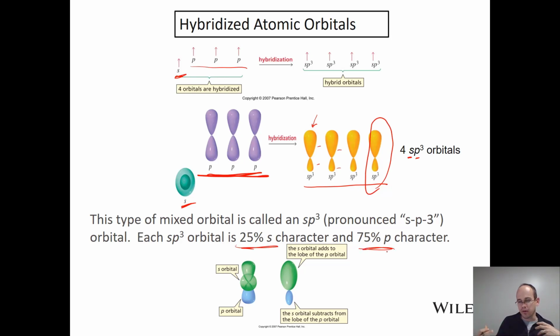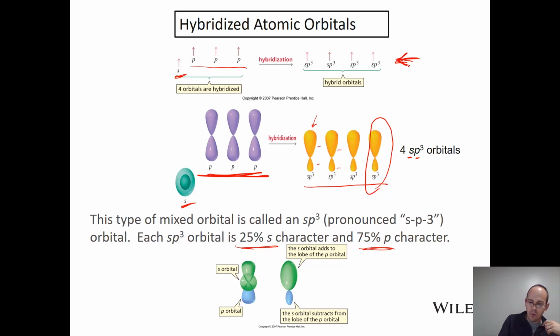But the key important part of this is because now with all 4 of those orbitals, they're all the same shape. The electrons are equally distributed across the 4 orbitals. They're all the same distance from the nucleus as one another. The energies of these 4 orbitals are all equal. They're all degenerate, right? They're all the same energy, right? And that's what hybridization does for us.